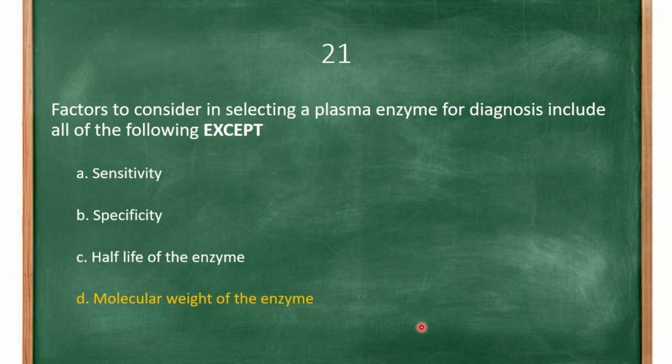Specificity is the ability of the enzyme test to identify the disease correctly and not be affected by other conditions. Then the half-life of the enzyme is the duration for which the enzyme remains in the bloodstream, which can affect its detectability and relevance in diagnosis.